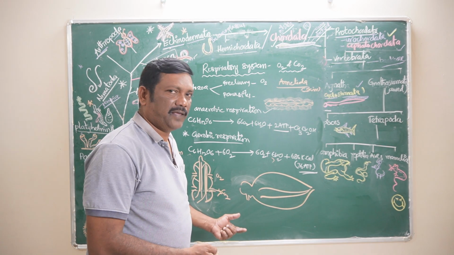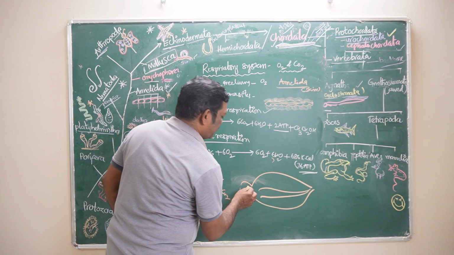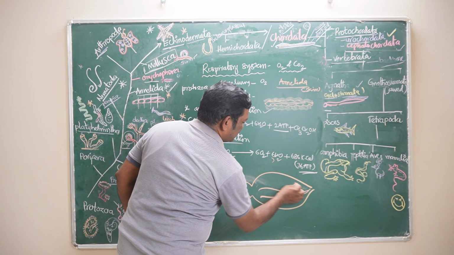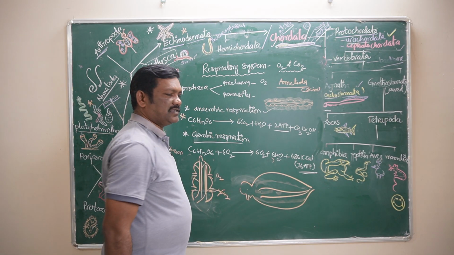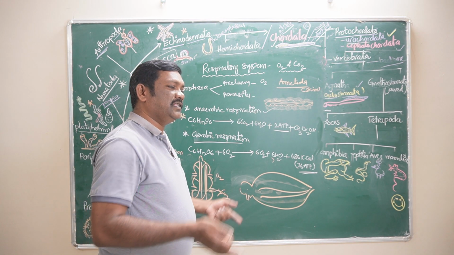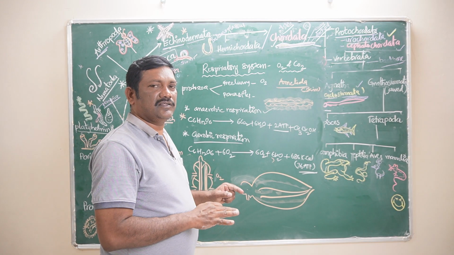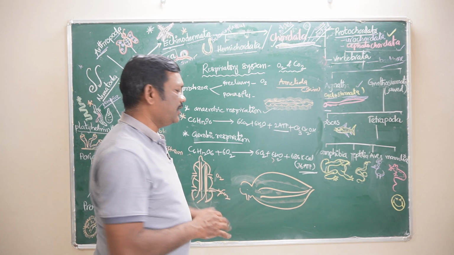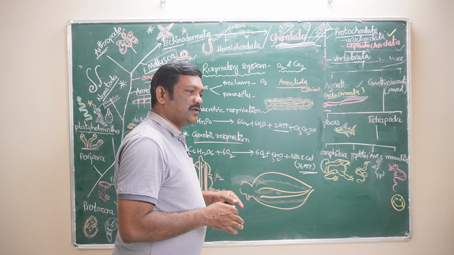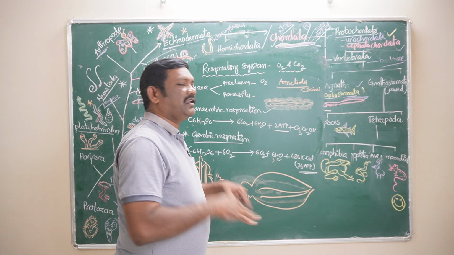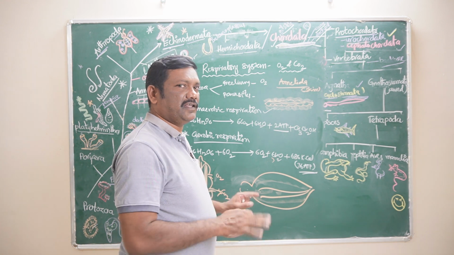If it is the open type of circulatory system, the blood flows in the sinuses. These are the sinuses. Those are chambers actually. The blood flows very slowly. If the blood flows very slowly, it can transport the oxygen and carbon dioxide only very slowly.